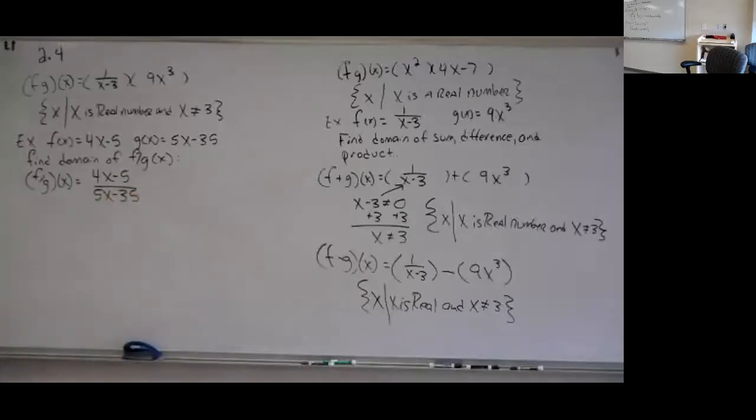So we worry about a domain on this one. Yes, because we definitely got a fraction there, okay? Now, we don't care about the top of this fraction. We're only worried about the bottom. So remember, to find those numbers, we're going to take 5x minus 35 and set it not equal to 0.